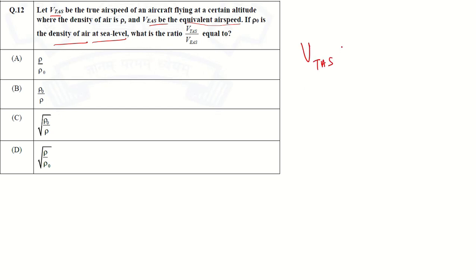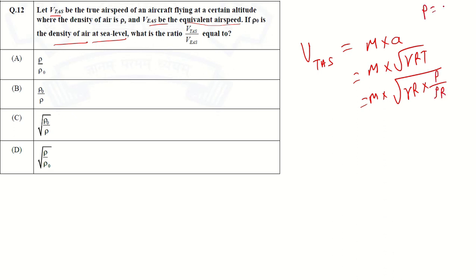So VTAS is equal to Mach number into the speed of sound A. It is the formula for true airspeed, that is Mach number into square root of gamma RT, that is M into square root of gamma R into T. Because the formula is P equals rho RT, we can write T equals P by rho R. Then VTAS is equal to M into square root of gamma P by rho.